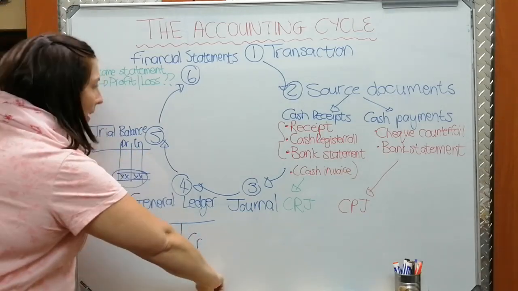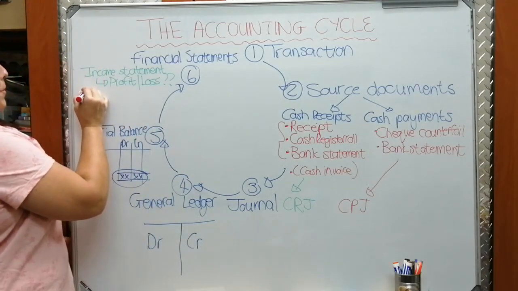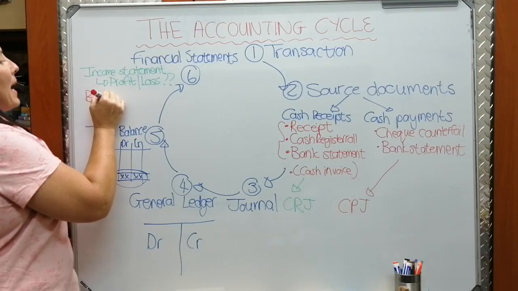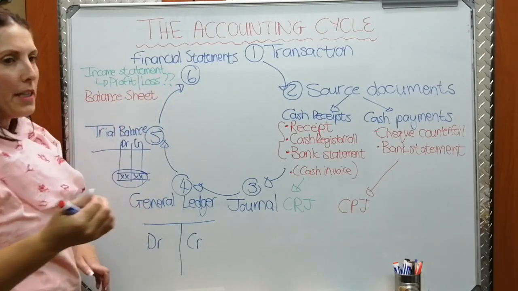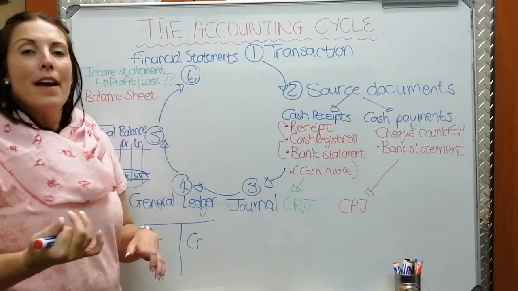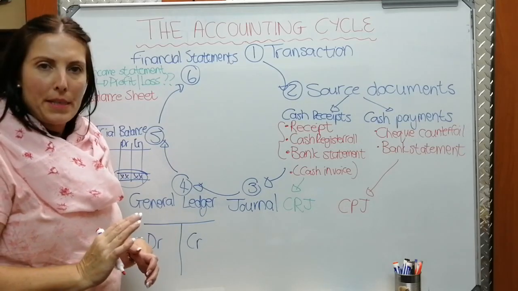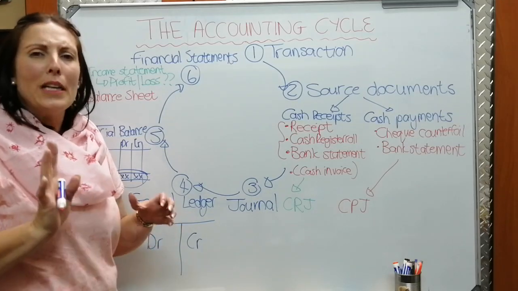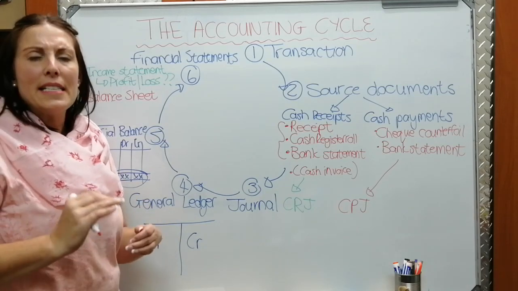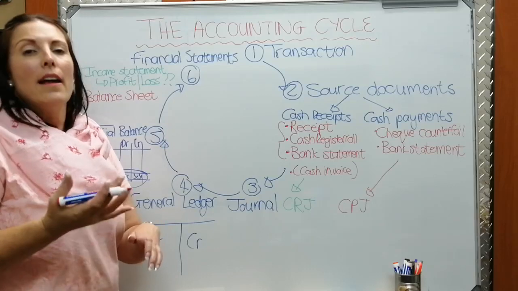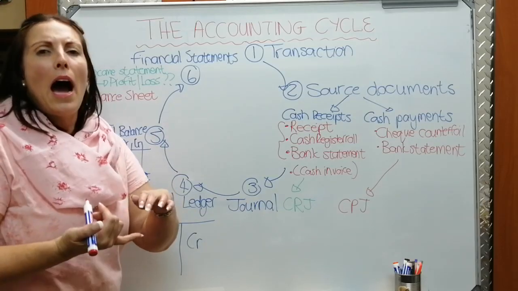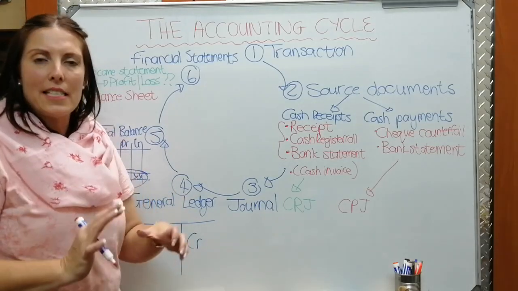The other financial statement that we prepare is called our balance sheet. Now, in the balance sheet, we determine the financial position of the business. What does that mean? We look at whether this business is financially sound. We, for example, look at things like how much stock does this business have?